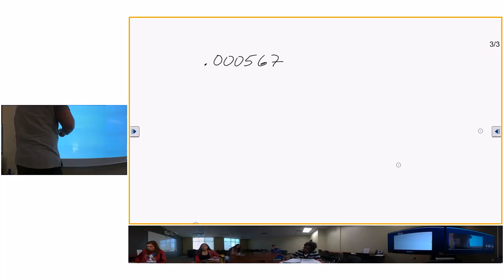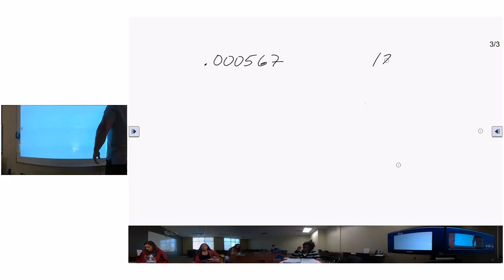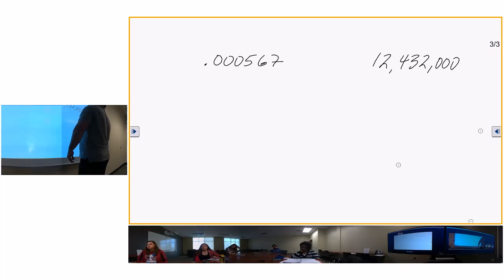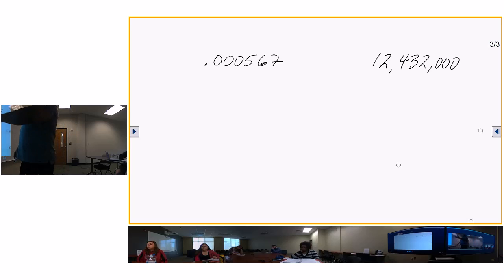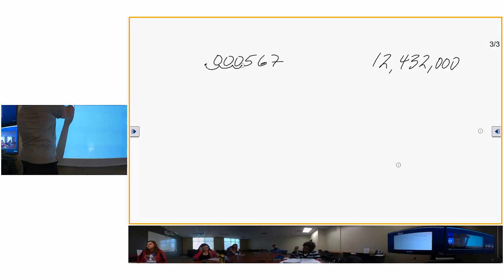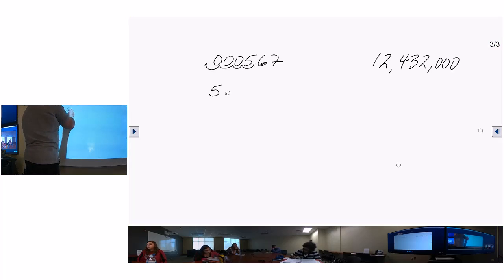Hold on a second. 0.000567 and 12,432,000. Those are the ones you don't miss. Everybody gets those right. Let's do this one. 1, 2, 3, 4, 5.67 times 10 to the 4th.